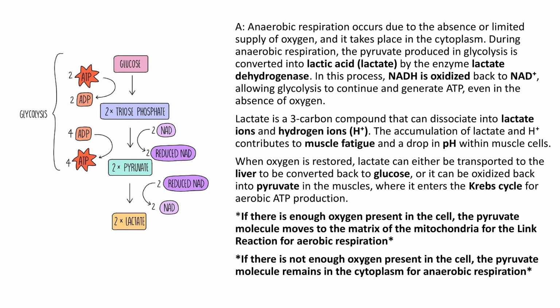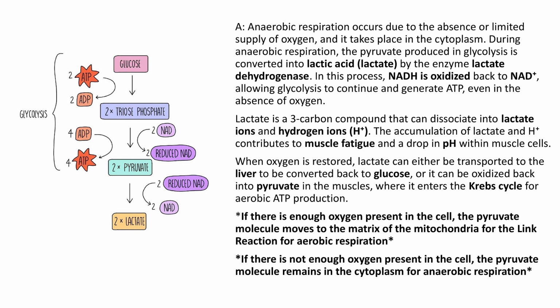Lactate is a 3-carbon compound that can dissociate into lactate ions and hydrogen ions. This accumulation of lactate and H+ contributes to muscle fatigue and a drop in pH within muscle cells, i.e. the pH becomes more acidic by decreasing.